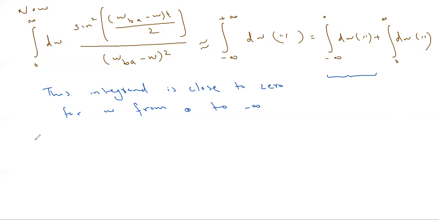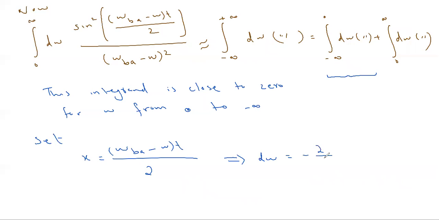Now we can set the argument equals to x. So we have changed the limit. Now we are replacing the argument with this factor x, and d omega will be minus 2 over t dx.